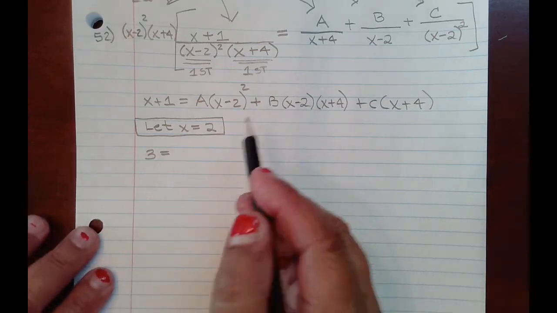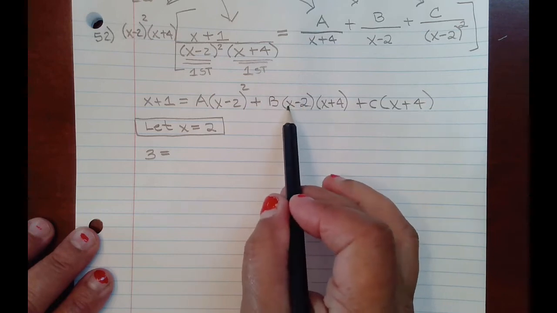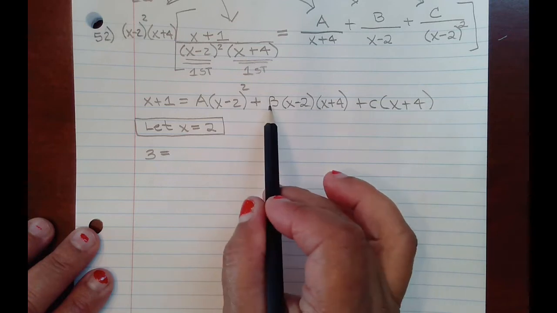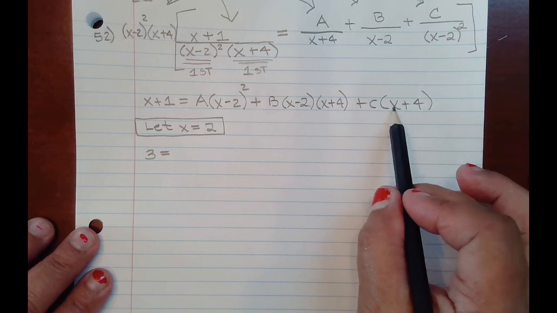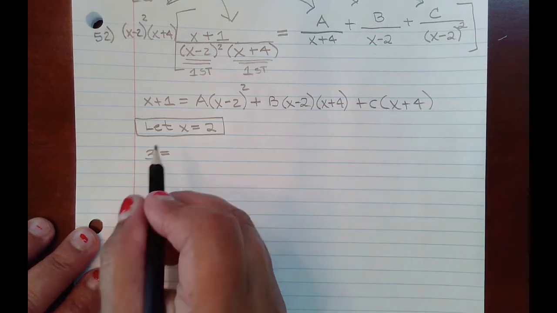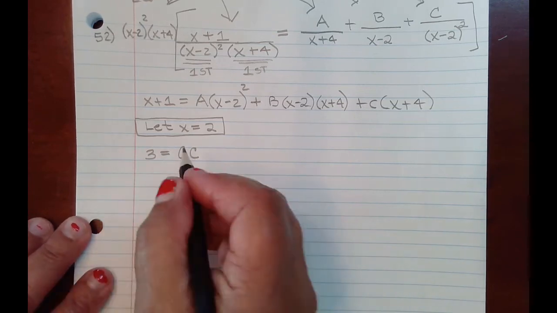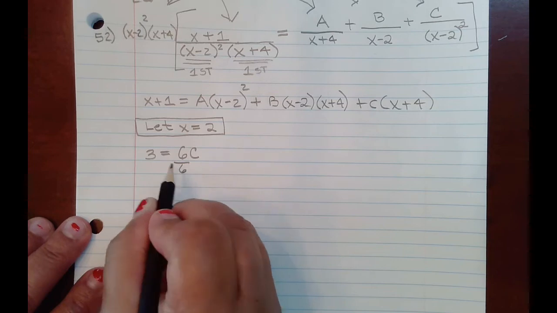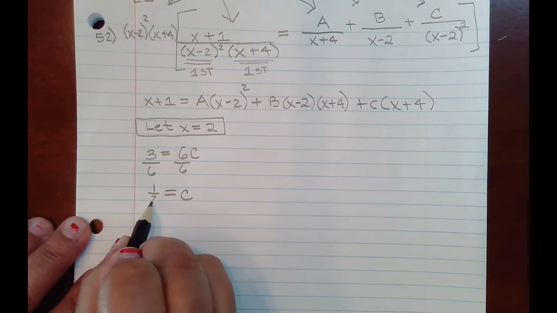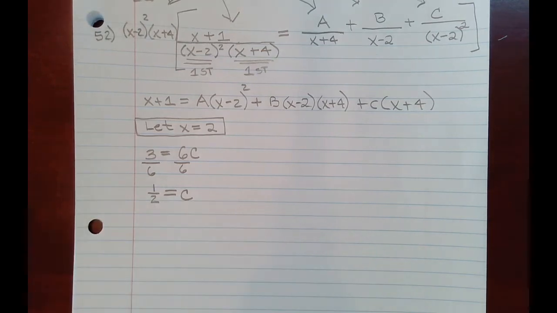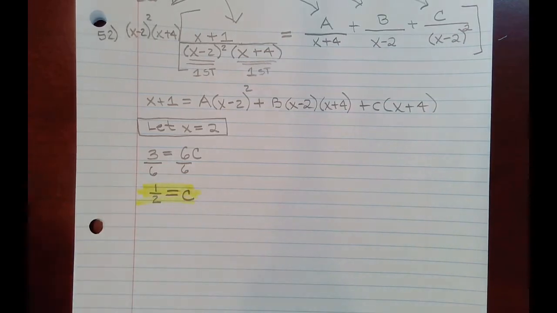If I let x be equal to 2 here, that would cause a 0 here. 0 times anything else in this term would get rid of the entire term. If I let x be equal to 2 here, 2 plus 4 is 6. 6 times c, 6c. Solving this, I would divide off this coefficient of 6, and I would end up with c equal to 1/2. Okay, so I have one of the values so far.